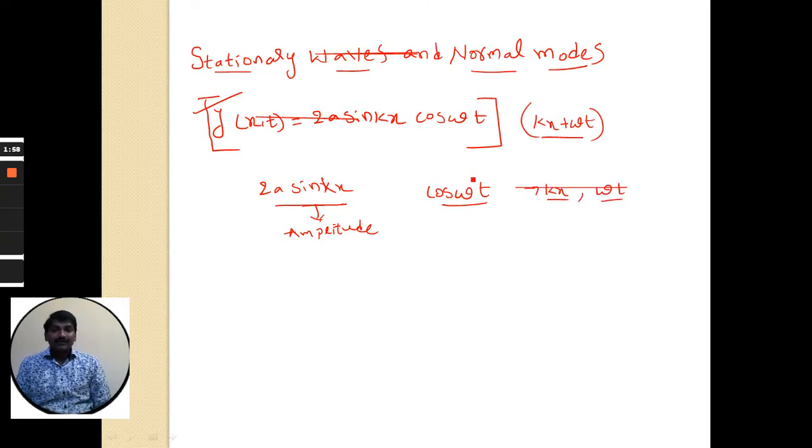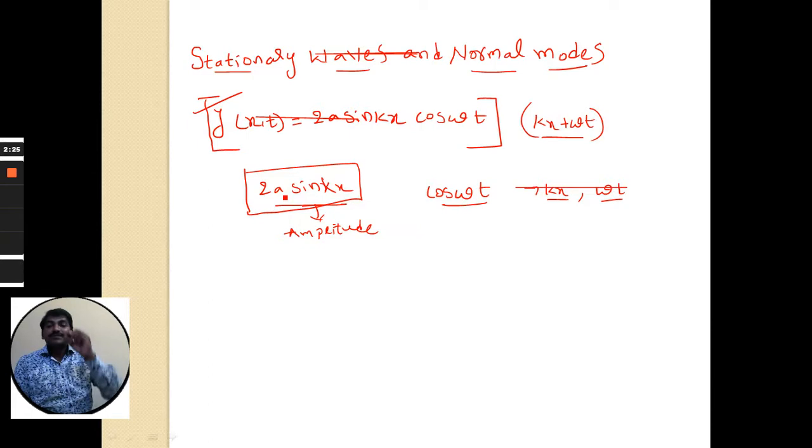Now from this standard stationary wave equation, 2a sine kx is an amplitude term, right? So depending on the position of the particle, we define the amplitude. What is the definition of amplitude?